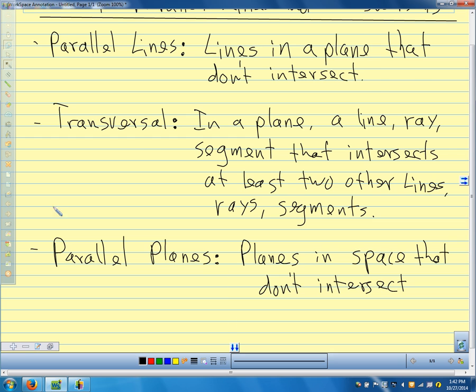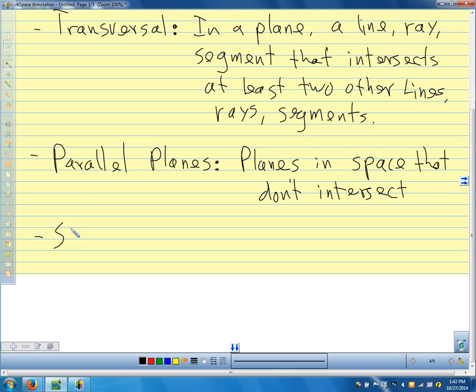And then the last little piece of vocabulary is the idea of skew lines. Anybody have an idea or know what skew lines mean? What if lines are skew? What does it mean? Have you heard of that before? No?